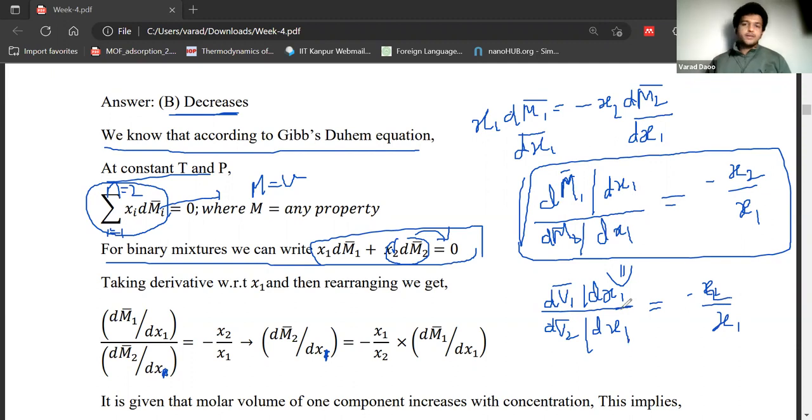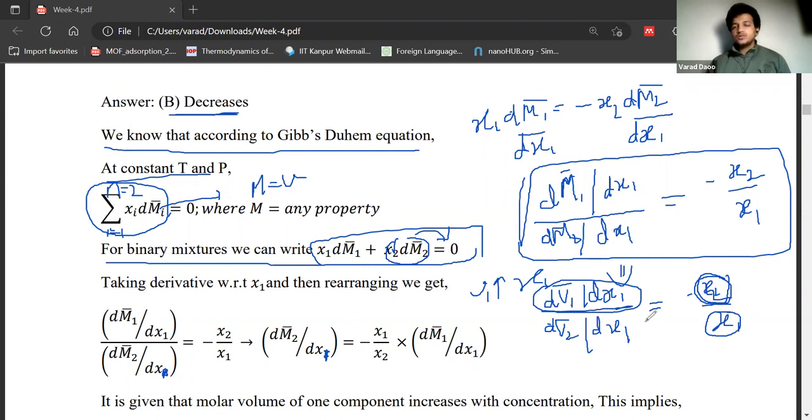Right? It has been given that v1 is increasing with x1, right? That means this is positive. It's a mole fraction, it cannot be negative. This is positive, this is positive.